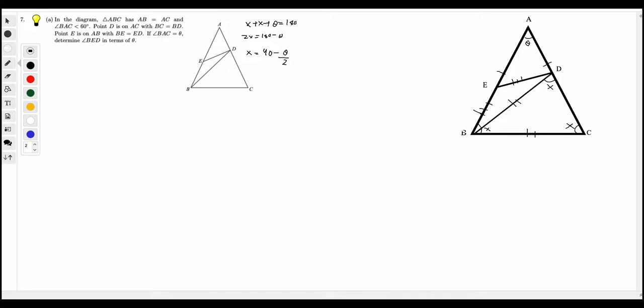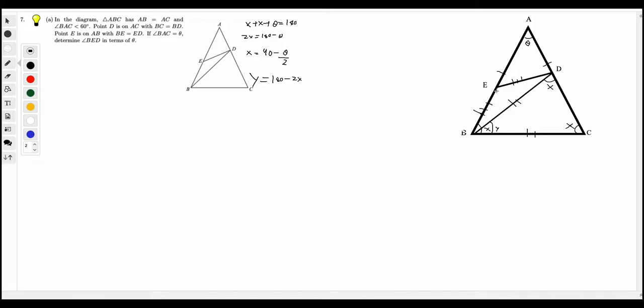Now I can make an equation for angle DBC, which I'm going to label as Y. So this small angle here is going to be labeled as Y. So Y equals 180 minus 2x, since 180 is all of the angles in triangle BCD summed up together, and 2x are these two angles here.